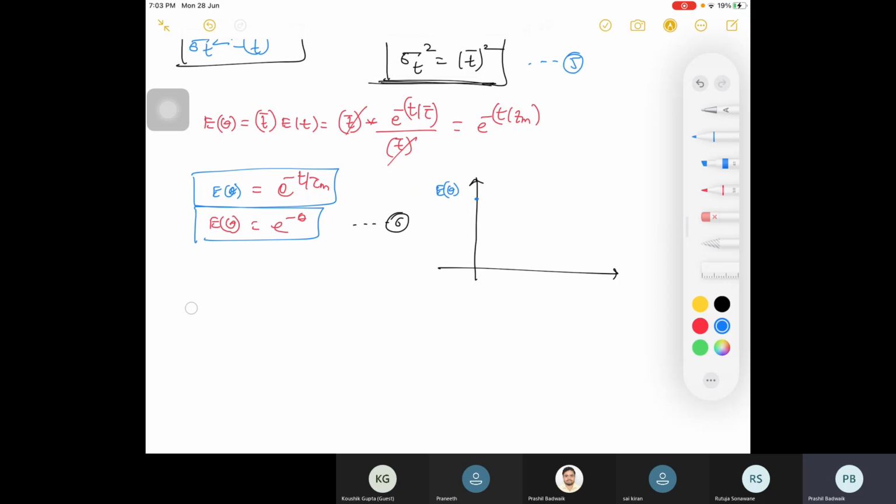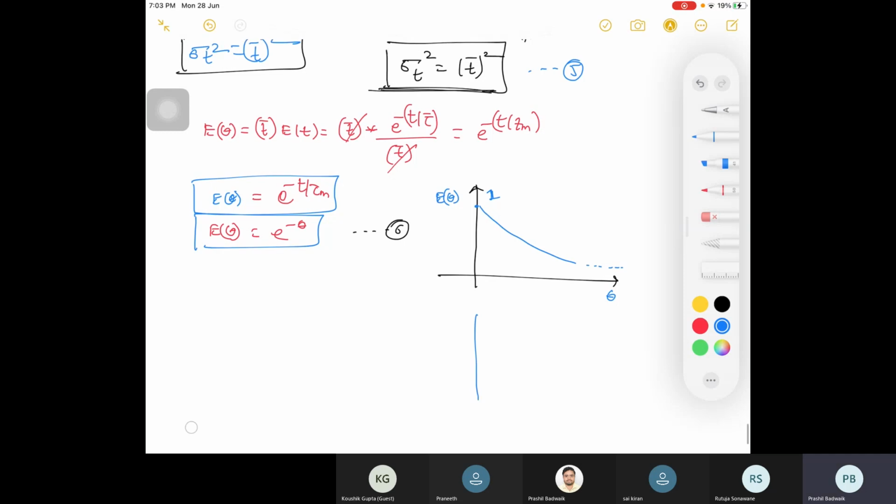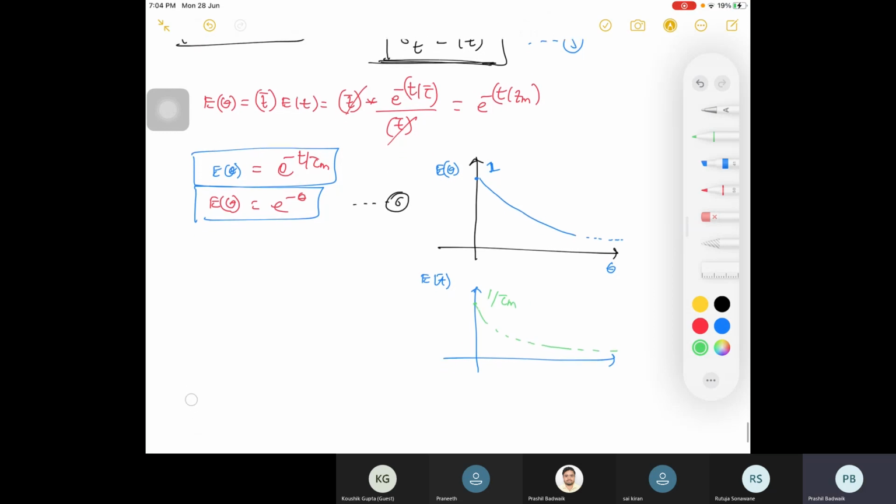E theta versus theta curve: at theta equal to 0 it will start from 1, and it will exponentially decay. And when I draw the graph of E(t), what was your starting point? That was your 1 by tau m. You'll get this kind of curve.